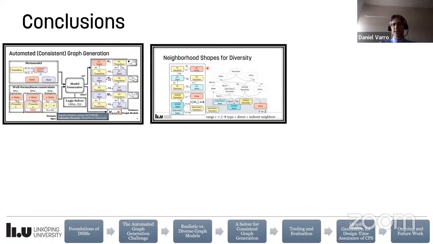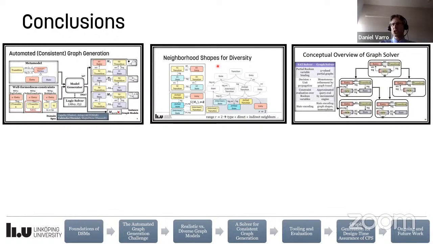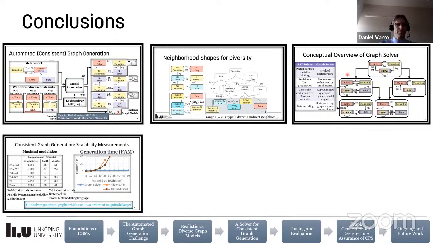I've also been discussing differences between the realistic nature and the diverse nature of graphs, and how graph shapes can be used to improve the diversity of graph generation. I shared some thoughts about how our graph solver operates, which is lifting up SAT solving technologies on the level of partial graph models formalized in three-valued logic.